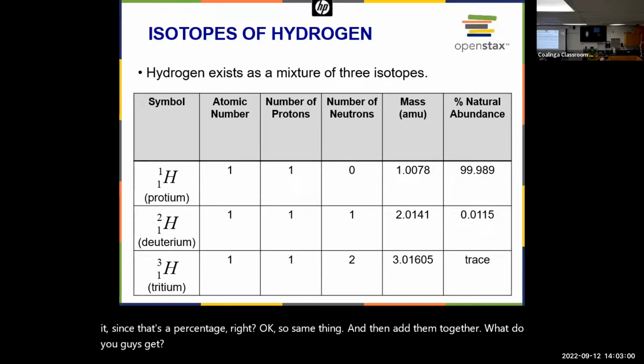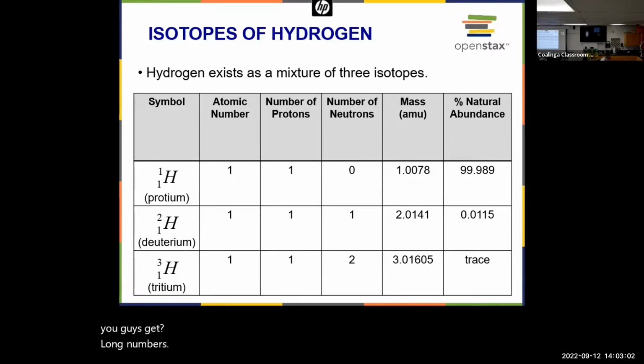Really long numbers. Shouldn't be too long. One point zero three zero five. 1.03.